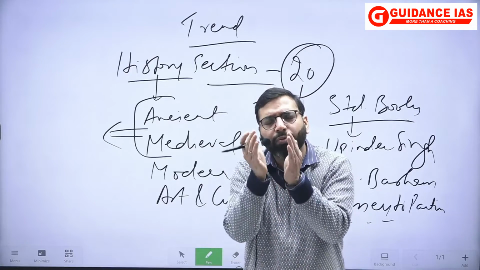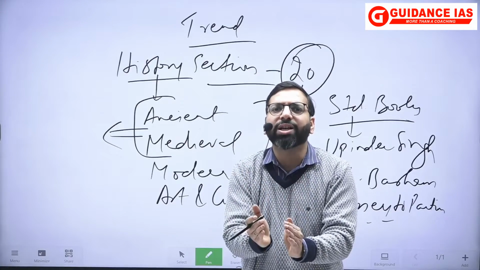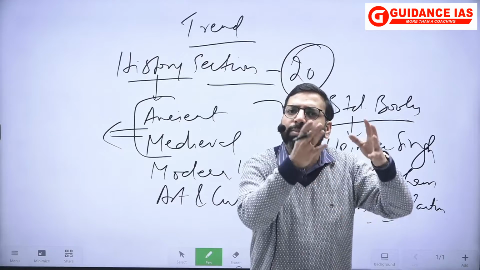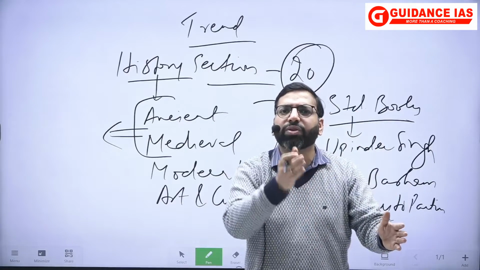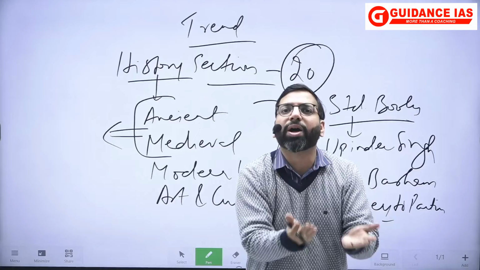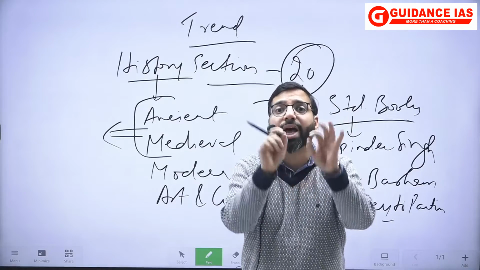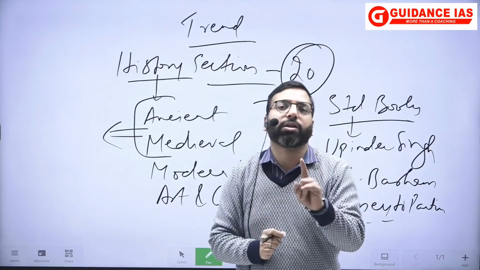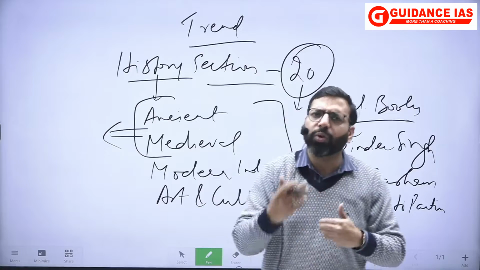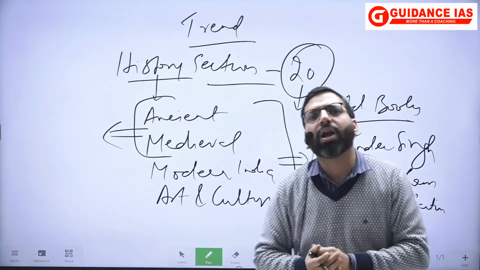The number of questions from there is decreasing. If you see the recent trend, the number of questions from the period of 1757 to 1857 is increasing. So you need to focus on that too. That you need to take care of, and that we are focusing on through our notes and through our lectures.